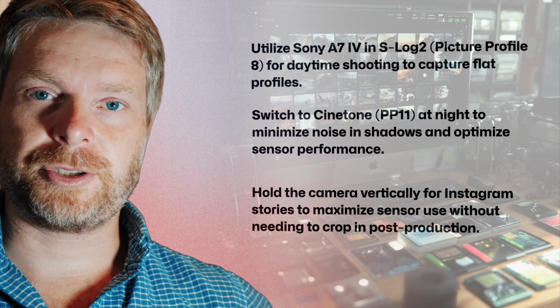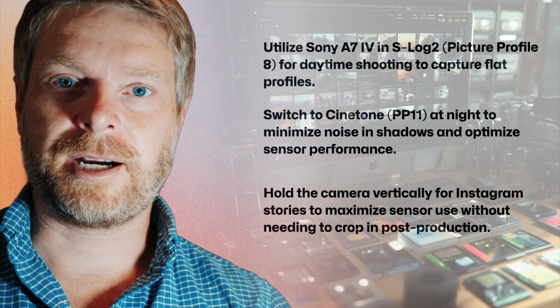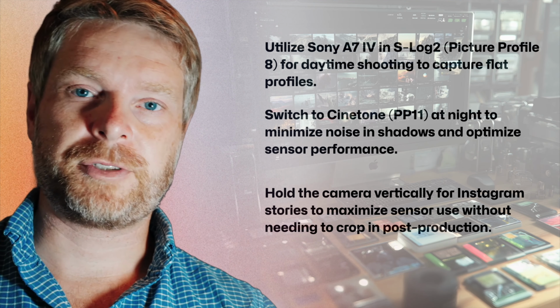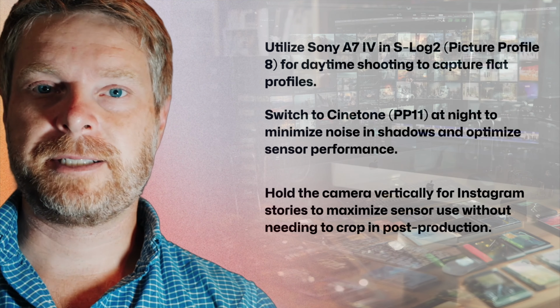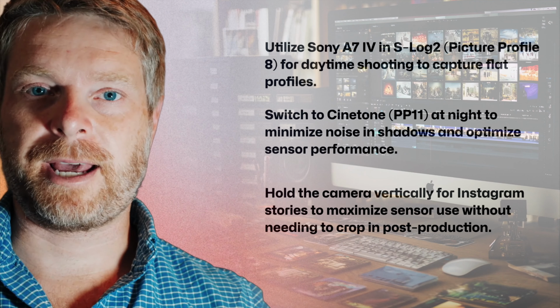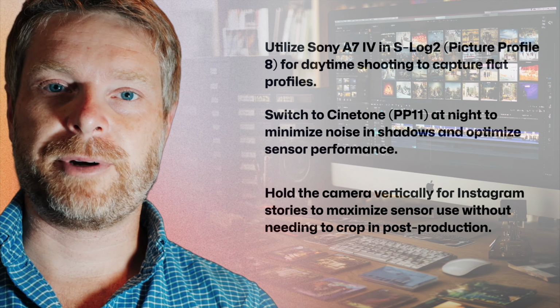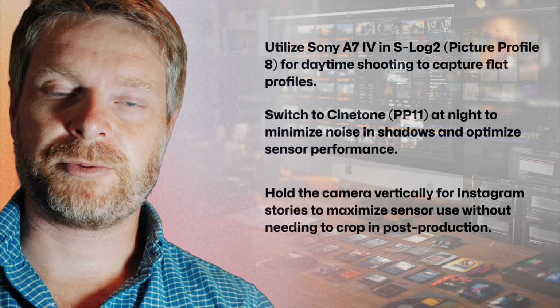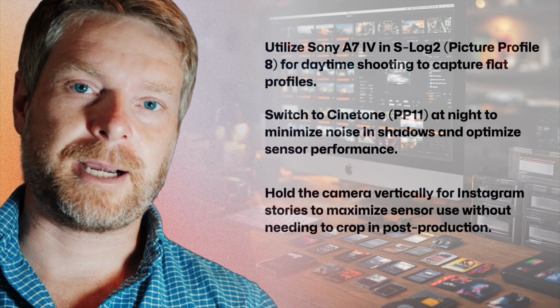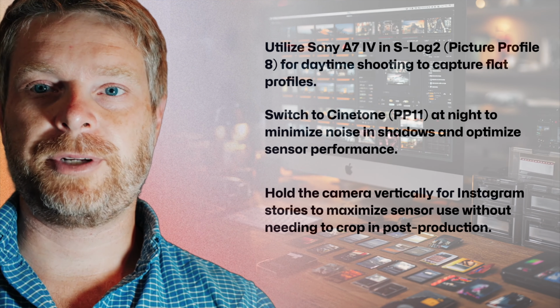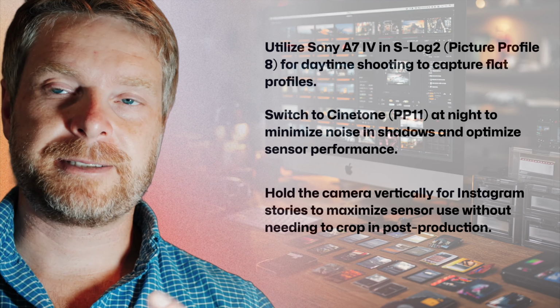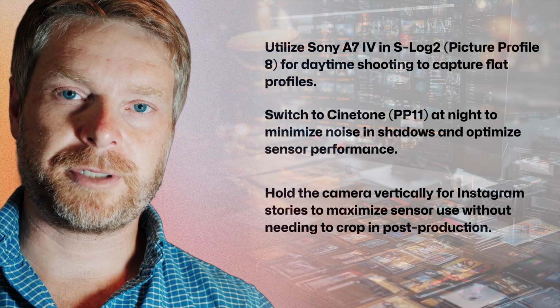And then I transitioned to F11, which I've set up as a cine tone, so that way I don't have to overexpose. Typically at nighttime, you don't want to add any additional noise that you don't have to. So basically the bad noise that you find in the shadows when the sensor can't pick up those shadows. Shooting in different picture profiles sets up your image so that you can get the most of it.